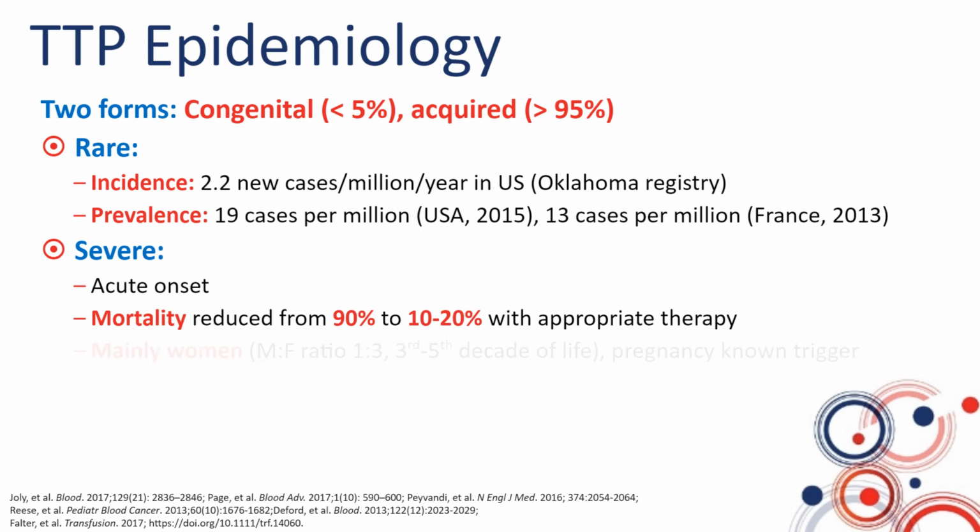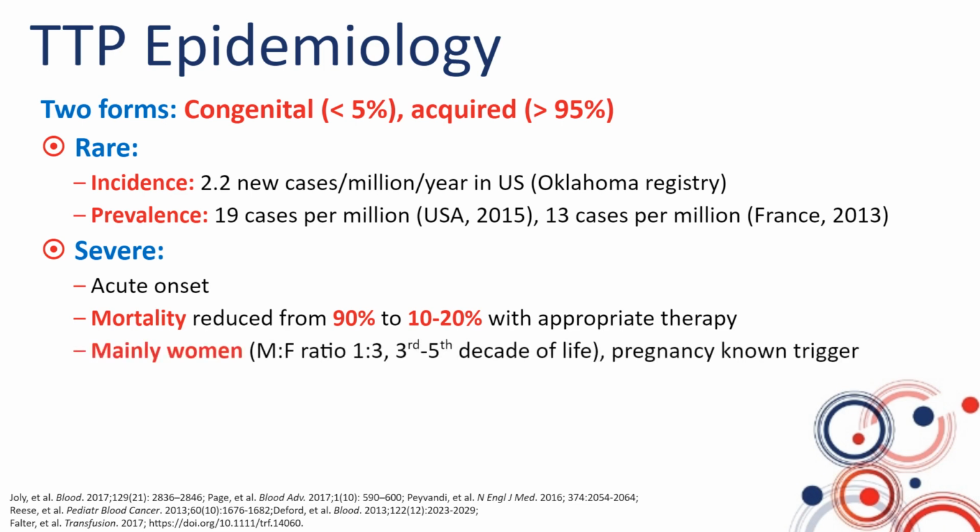However, since the patients are young patients between 30 to 50 decades of their life, it's very important to understand what are the novel drugs that could have a role in reduction of the mortality and improvement of quality of life of these patients for the long term.